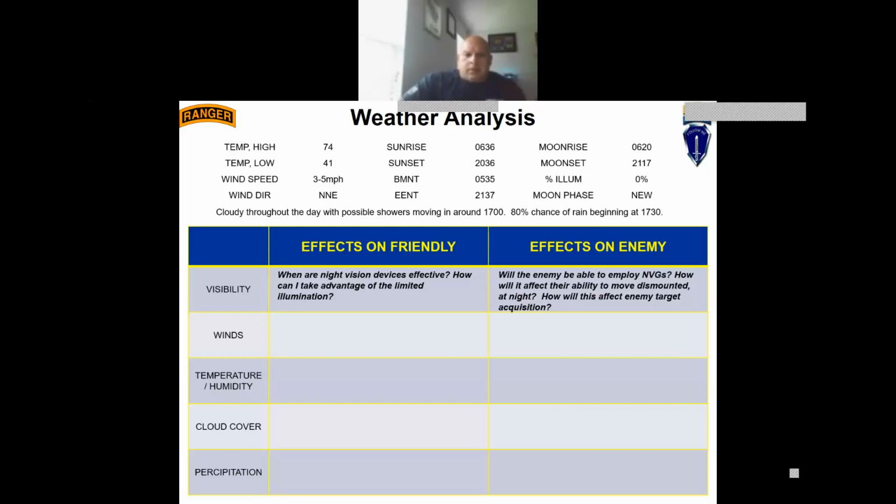Okay, wind. What's our wind at? 3 to 5 miles per hour. Will the wind cause smoke diffusion quickly? With 5 mile per hour winds? Anyone got the answer to that one?